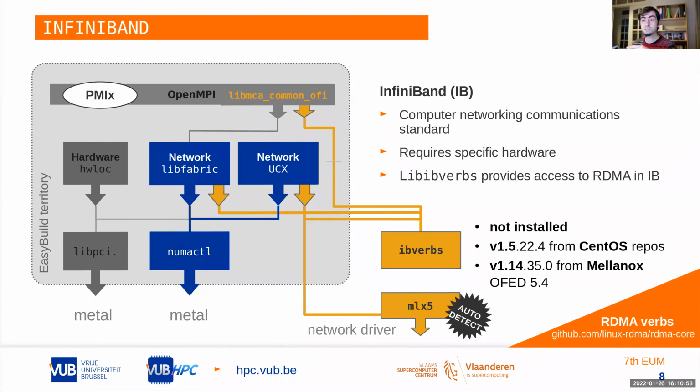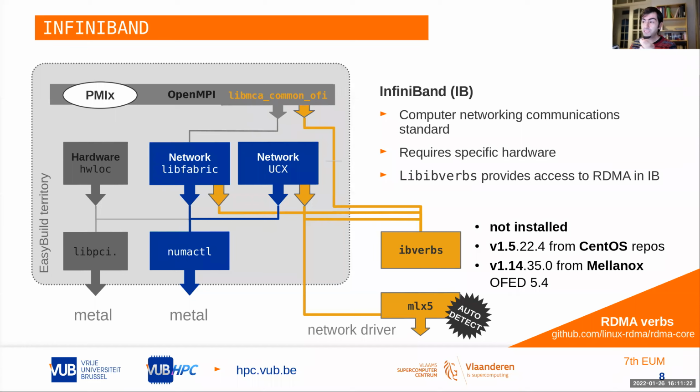And if it is installed, it is from the CentOS repo, CentOS being the system that we use in our cluster, and that's actually a very old IB verbs library. So that might also give issues. And on nodes that actually have InfiniBand, that library is provided by the Mellanox OFED stack, and it has a completely different version, and it's a different thing.